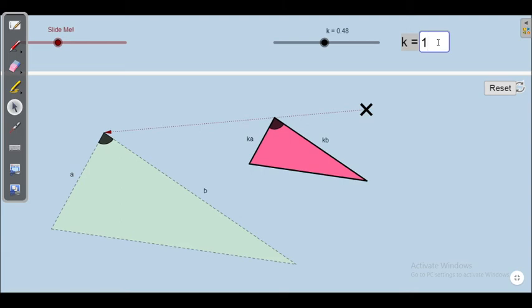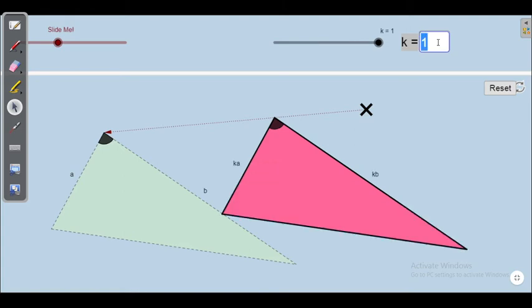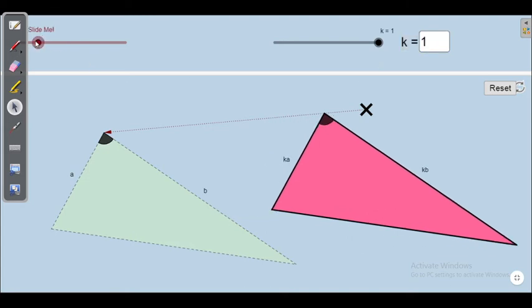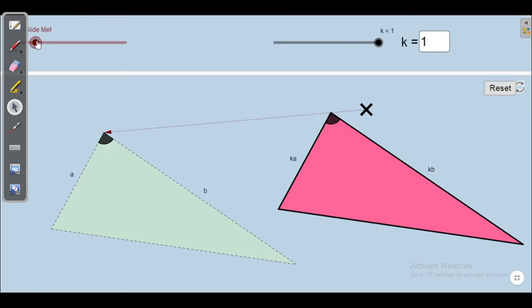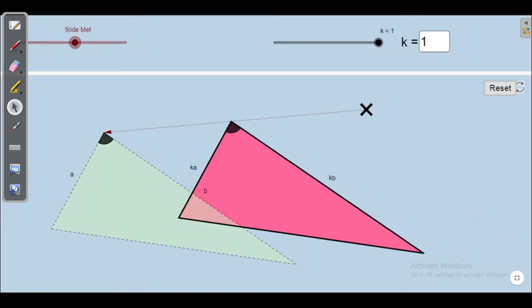Will the triangles coincide? Will they be congruent? No, ma'am, they will not be congruent. Okay, then let's see that. Again some part will be left.